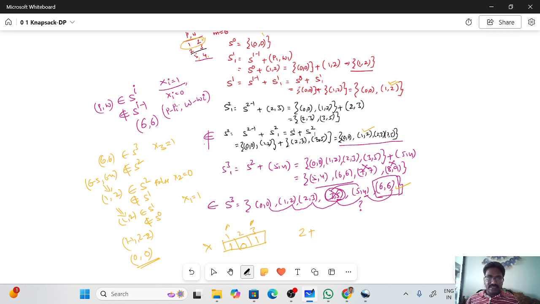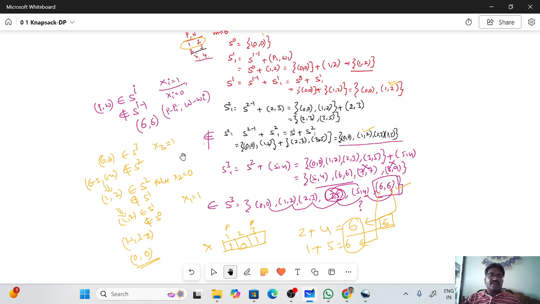What is third item weight? 4. What is the total weight? We are getting 6. What is the final pair weight? 6. So that is our knapsack capacity also. What is the profit we are getting? What is the first item profit? 1 plus, what is the third item profit? 5. Nothing but 6. So that is the profit we are getting. So manual checking also we are going to do in this way.